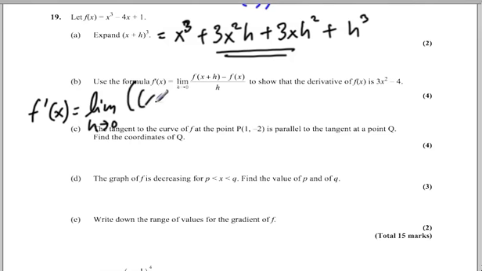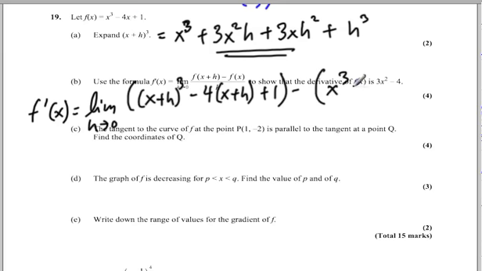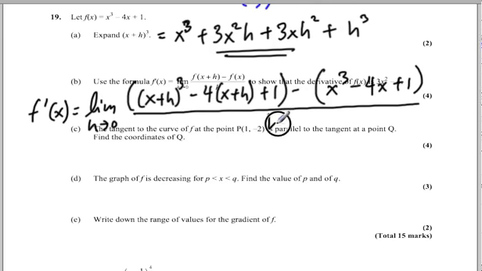So it's going to be x plus h cubed minus 4 times x plus h plus 1. And that's going to be subtracted from simply f of x, which is x cubed minus 4x plus 1. And this is all over h.